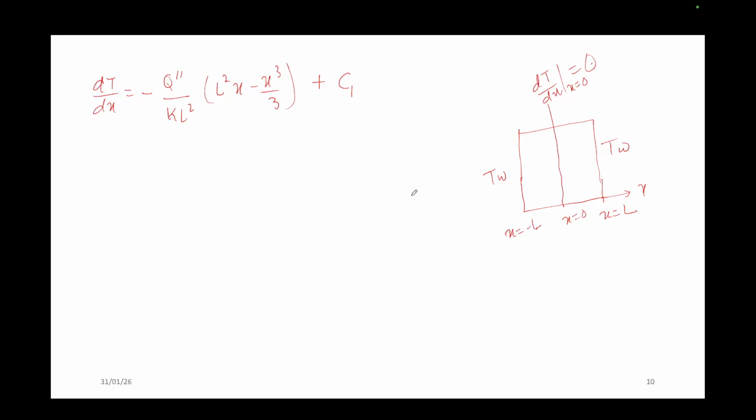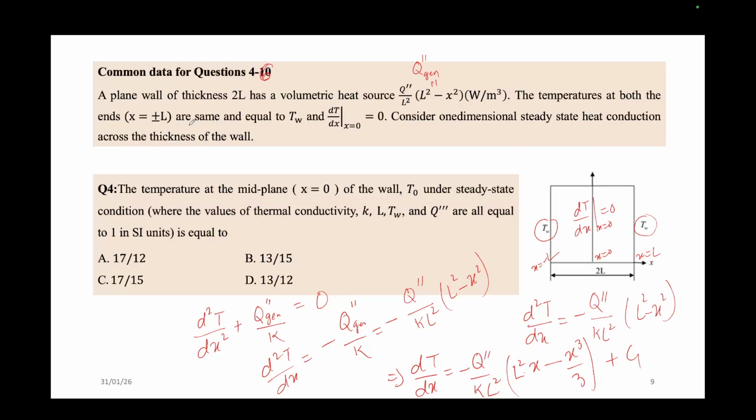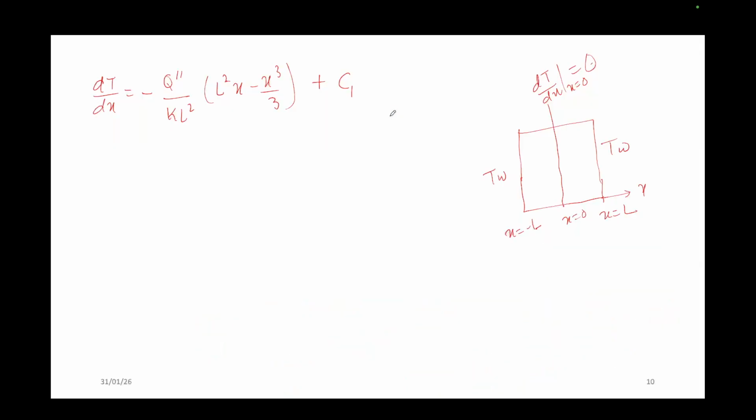So the first boundary condition is your Dirichlet boundary condition, and the next one is your Neumann boundary condition. So see here, this one is given, del T del x. That means the Neumann boundary condition is given.